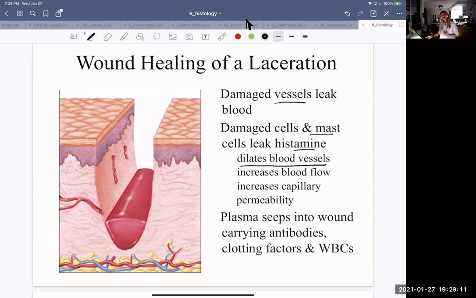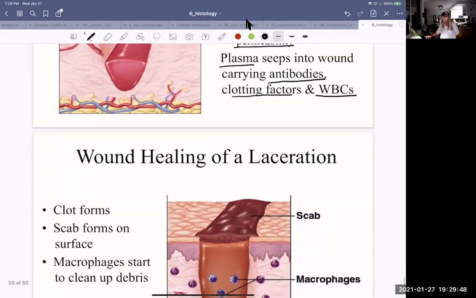But with that blood flow comes your white blood cells, which you need, of course, for the pathogens, the bacteria or viruses that are coming into the injury. So it increases blood flow and permeability. And plasma from the blood seeps into the wound, but it carries antibodies, which we need, clotting factors, which we need, and white blood cells. All of those things are instrumental in repair and wound healing.